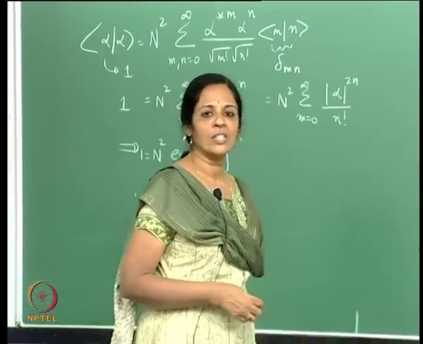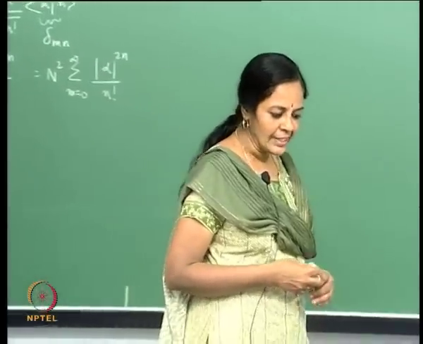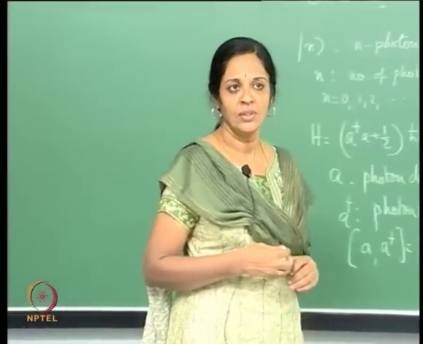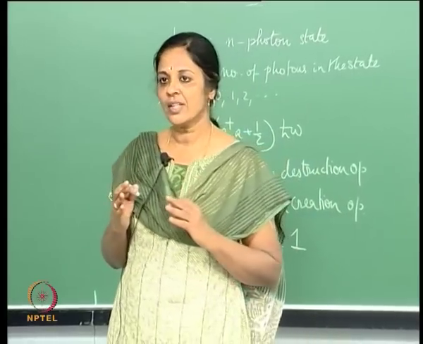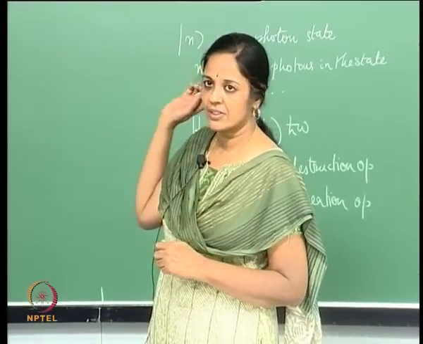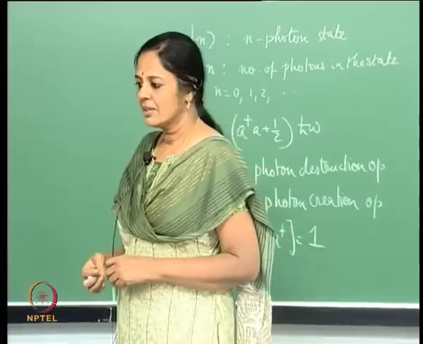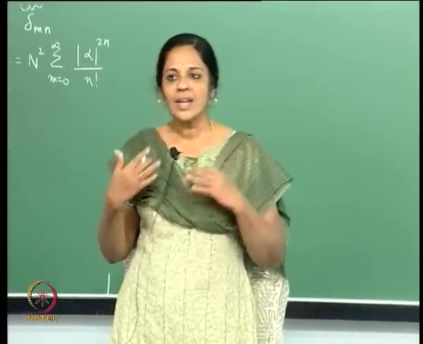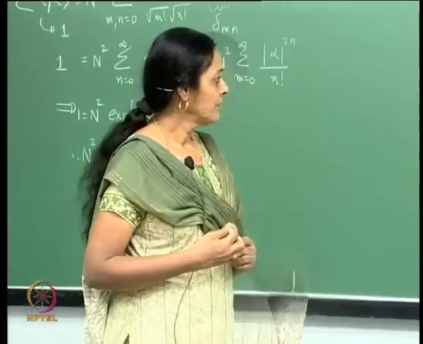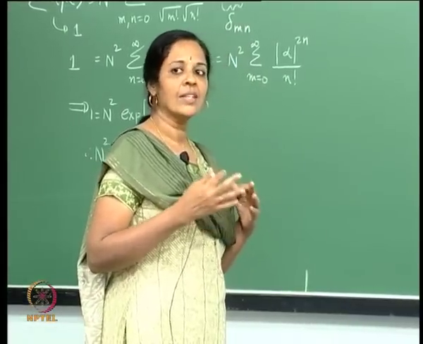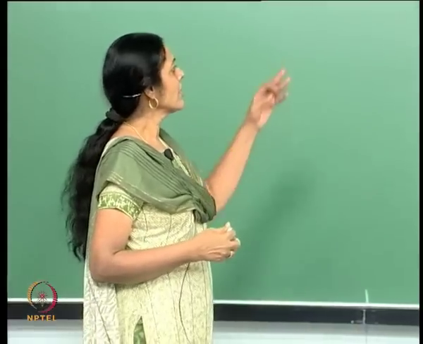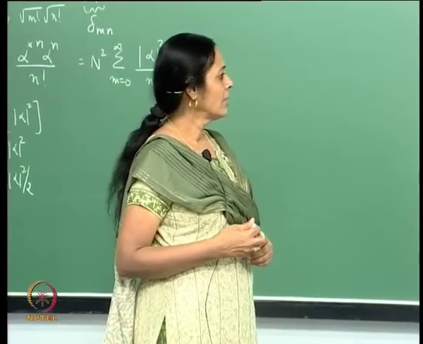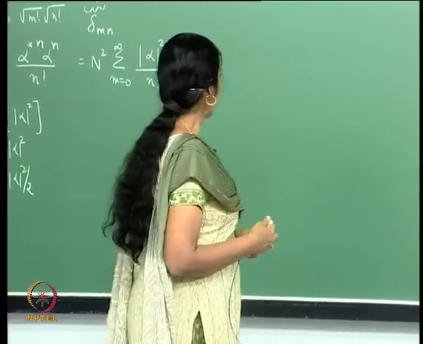So I have fixed the normalization, and therefore the normalized state is the coherent state. It is called a coherent state because it satisfies certain properties. There is spatial coherence and there is temporal coherence. For the moment, I would choose to call ket alpha a coherent state.